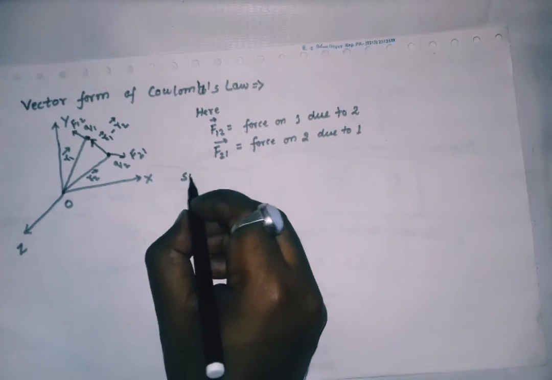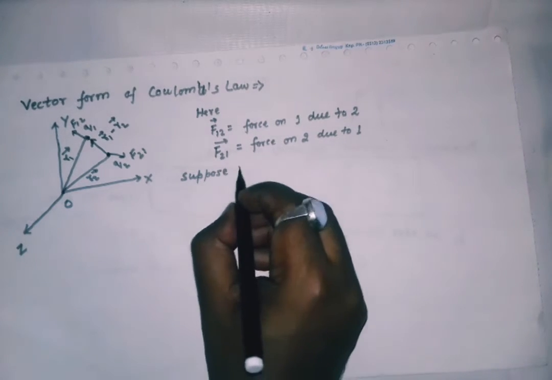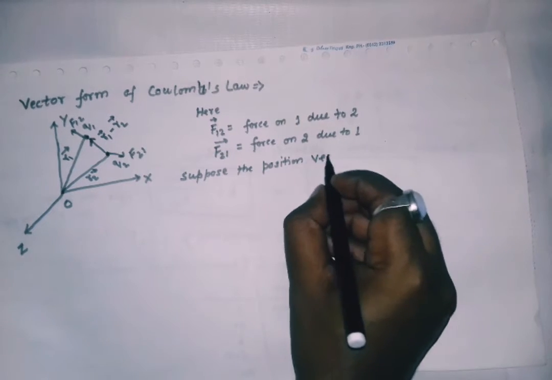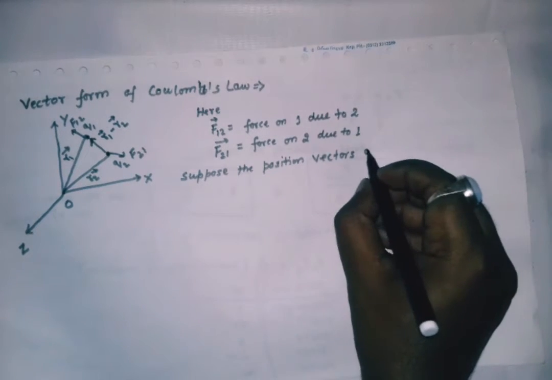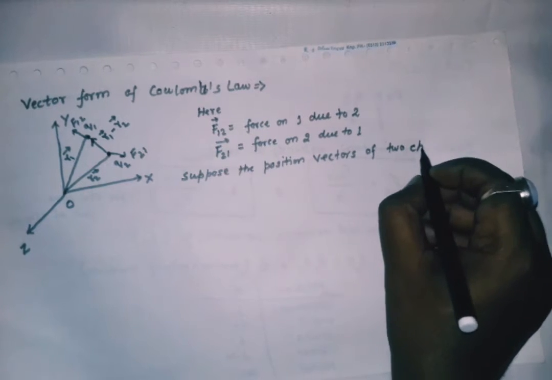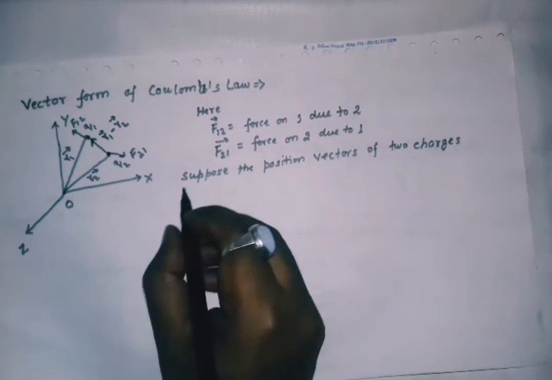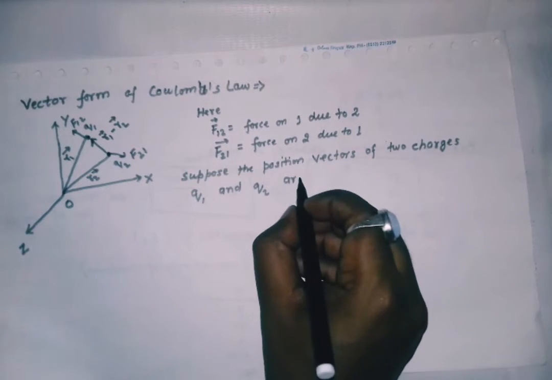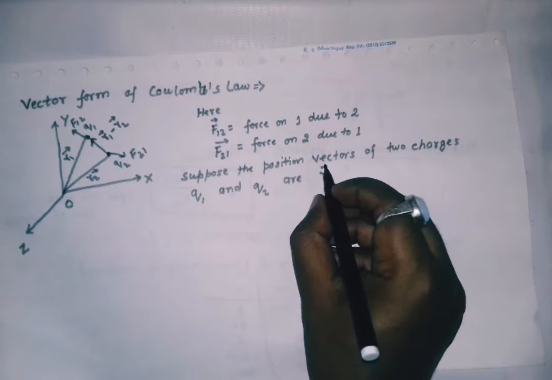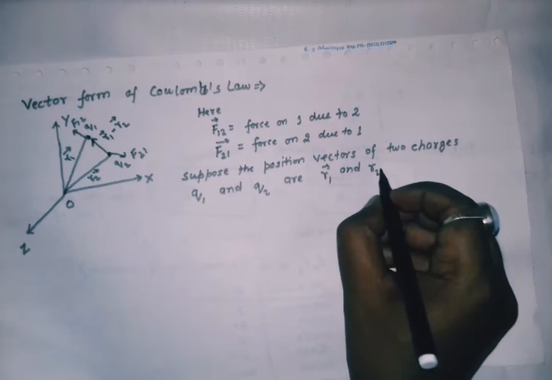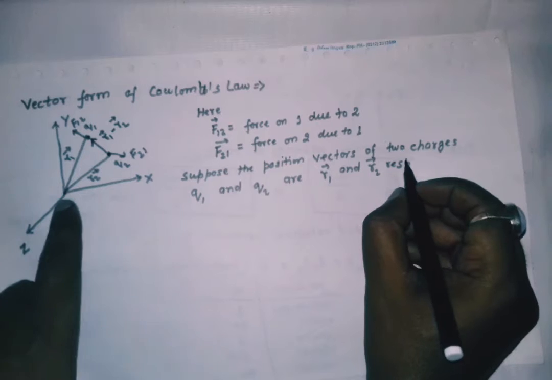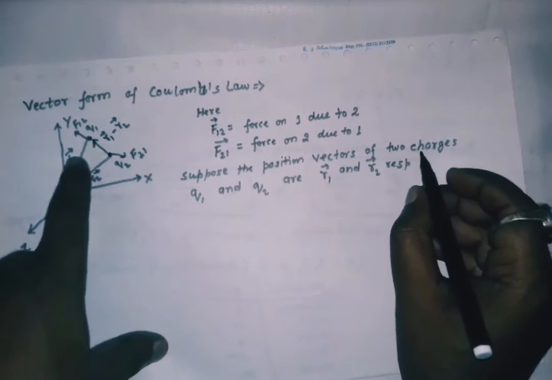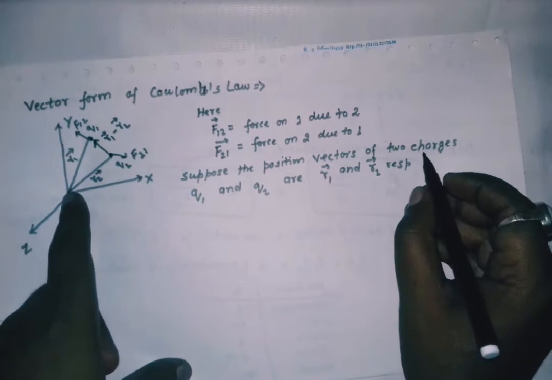So let us suppose the position vectors of the two charges q1 and q2 are r1 and r2 respectively, as given in the figure. These are the position vectors. So the position vector of q1 is r1 and the position vector of q2 is r2.